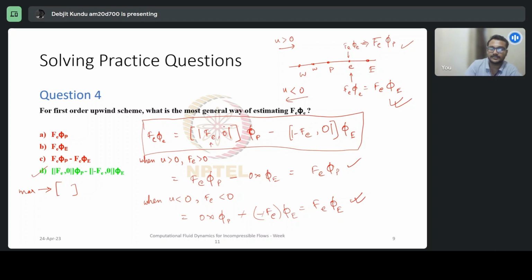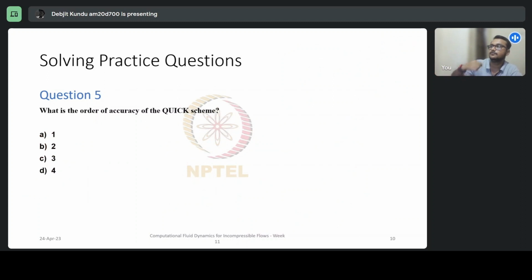I hope that makes things clear. Now we will move on to question number 5 of today's session, which is asking us what is the order of accuracy of the QUICK scheme. Now, what is QUICK scheme?